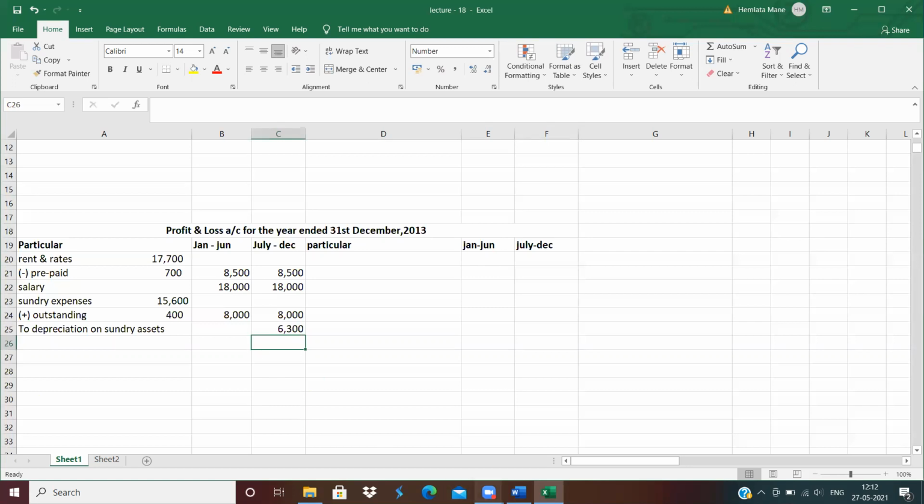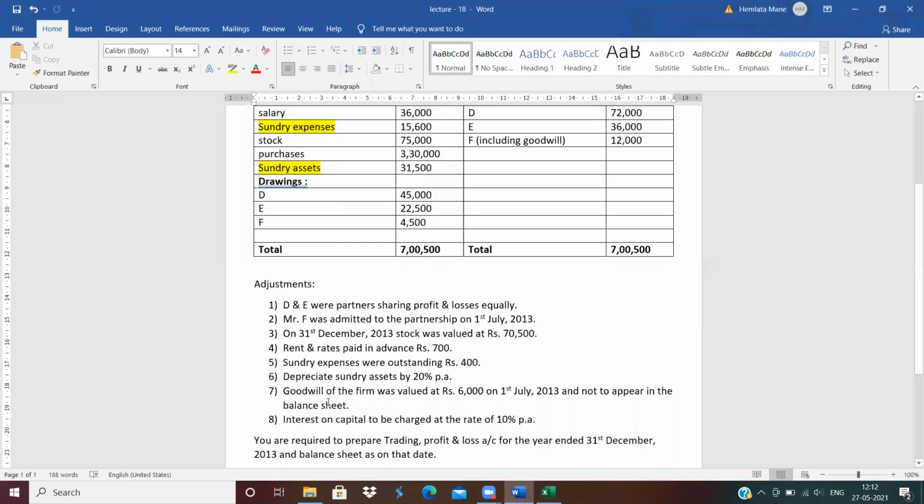Now next, goodwill of the firm was valued at rupees 6,000 on 1st July 2013, not to appear in the balance sheet.